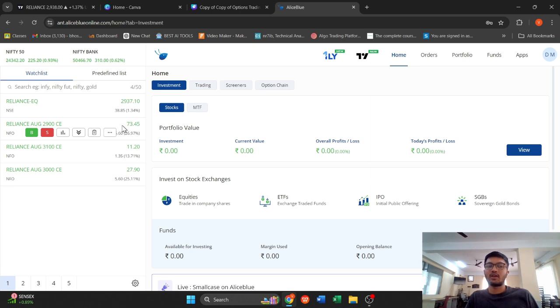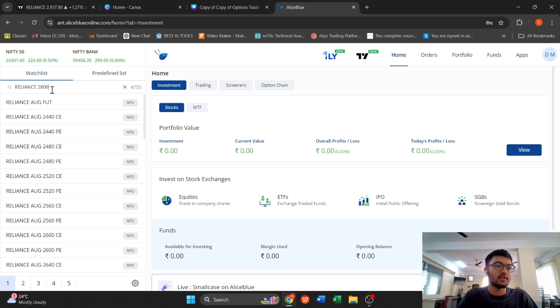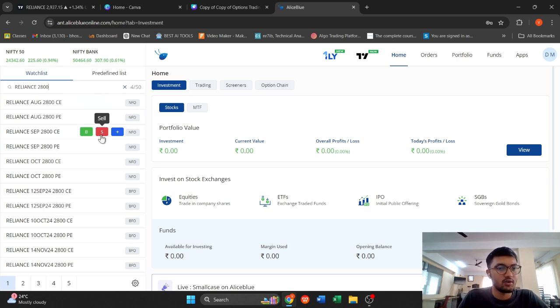Whatever the price of the security is at any point, the contract with the nearest strike price is called at the money. And what is in the money? In the case of in the money, you will go to Reliance 2,800. The 2,800 strike price will be my in the money option.